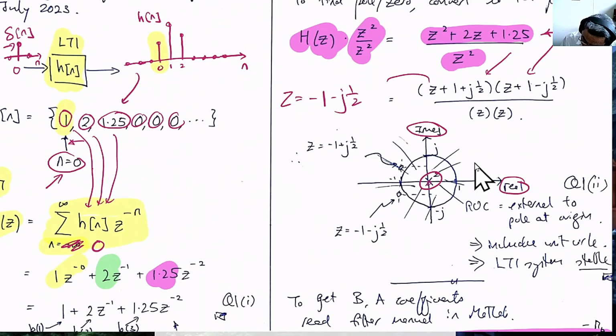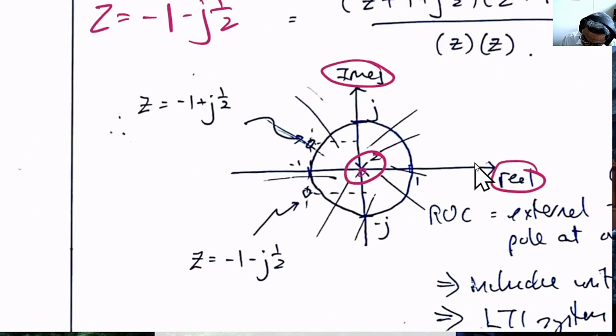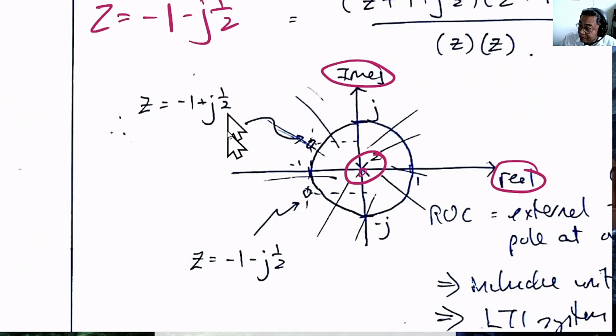A unit circle means a circle of radius 1. Along the real line, this is 1, this is j, this is minus 1, and this is minus j. So this is a circle of radius 1. We call it the unit circle, and now we have to put z equals minus 1 minus j half. So you move to minus 1 here and minus j half.